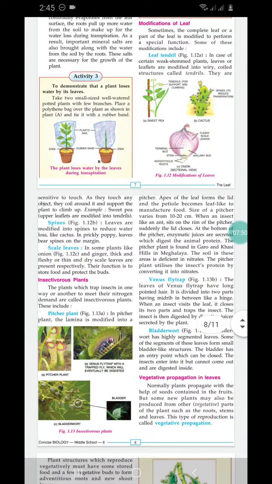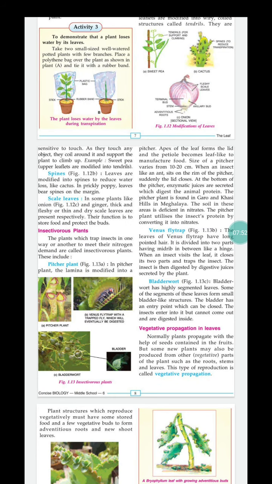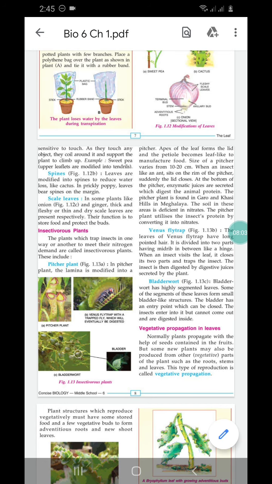And the fourth modification is insectivorous plants. We find this fourth modification in insectivorous plants. These insectivorous plants have the ability to trap insects. Have you heard that plants are non-vegetarians? Few plants are non-vegetarians? No? Okay, children. We have few plants which eat insects. We call them non-vegetarian plants. Why do you think they eat insects?